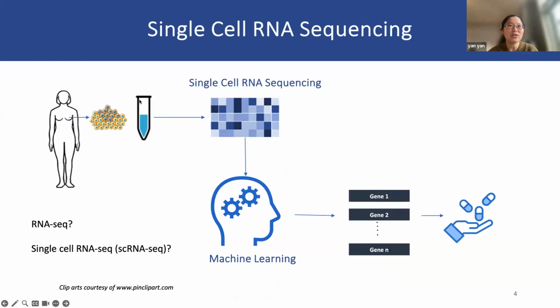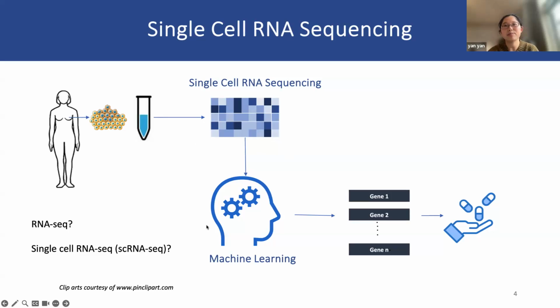Usually, we get a sample from a specific tissue or maybe some other parts of the organism that we're interested in. And through some experiment, we'll be able to get their RNA sequencing, and then we know how the genes have been expressed.